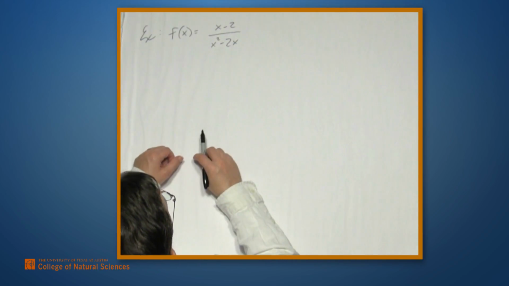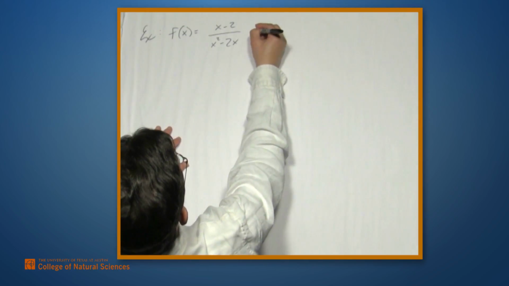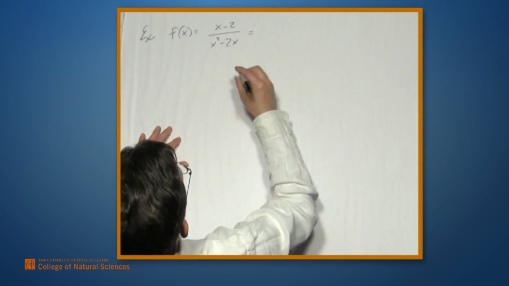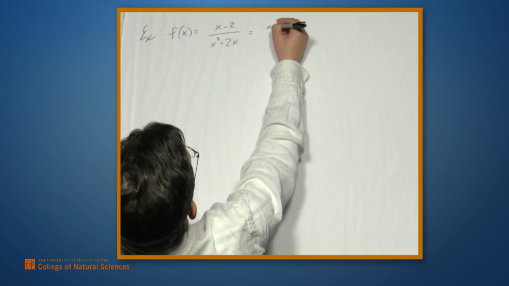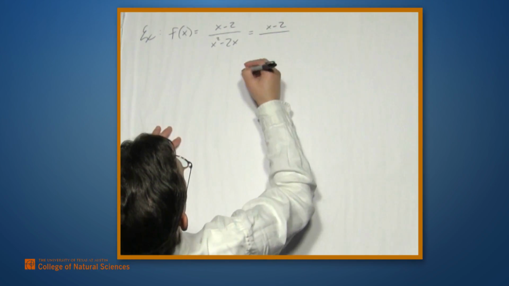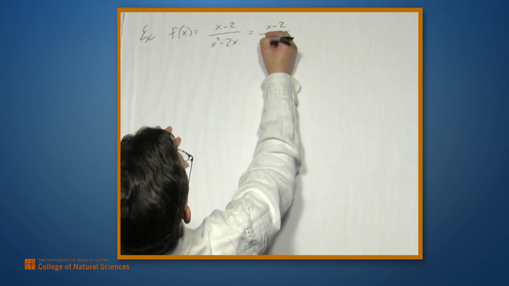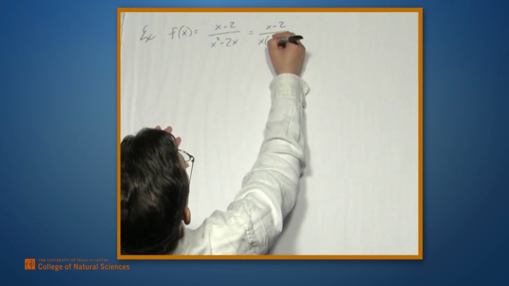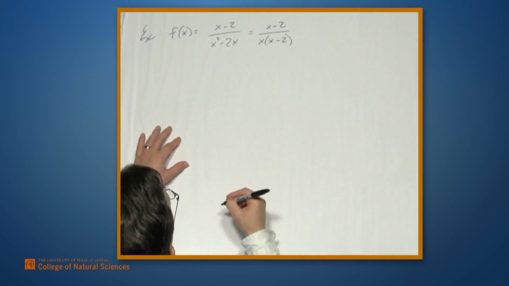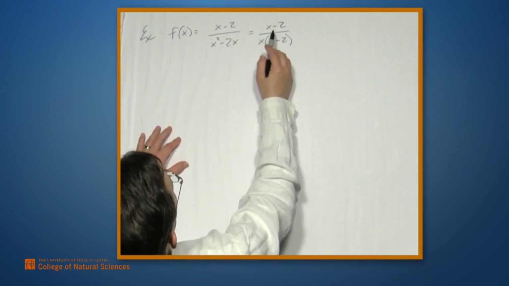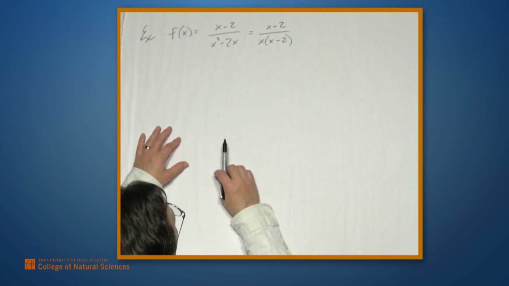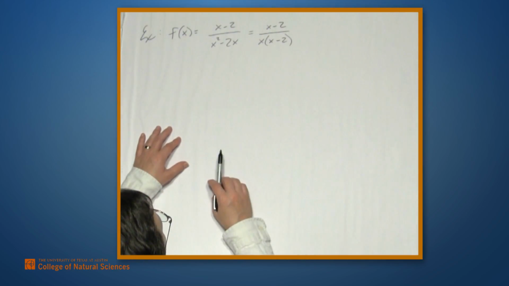This is a little bit too complicated for what we want to deal with now, so let's factor the denominator. The numerator is still x minus 2, and we can pull an x out of the denominator to get x times x minus 2. Now, for all values other than 2, this is the function 1 over x.